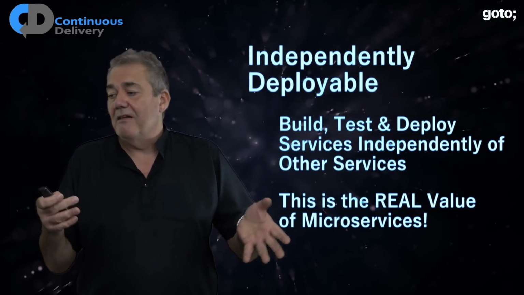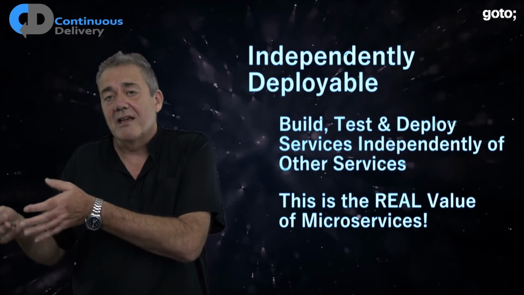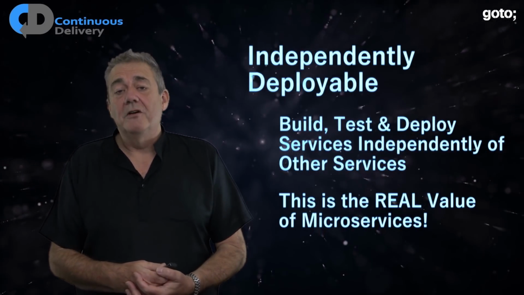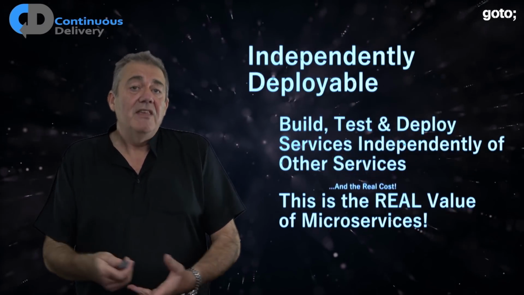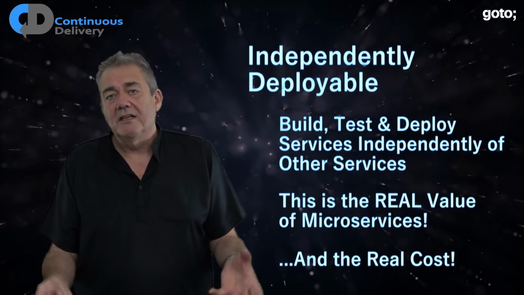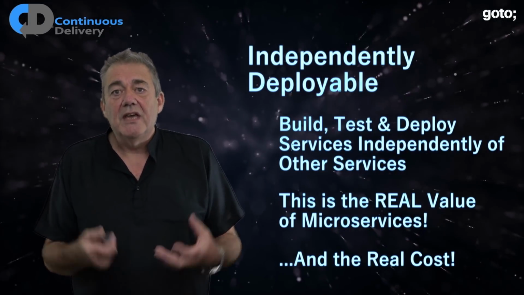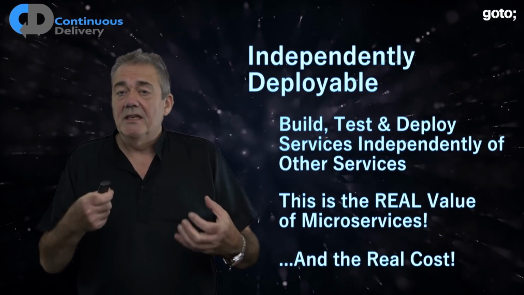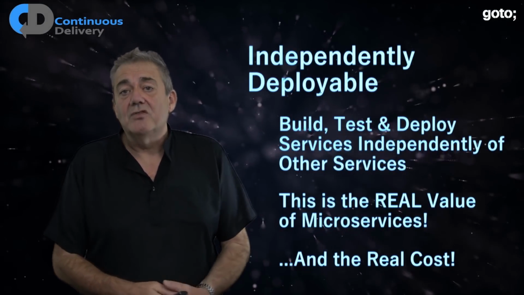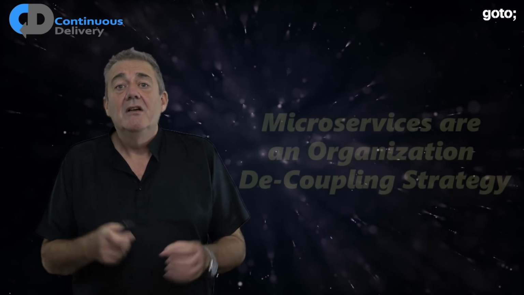It's the thing that differentiates organizations like Amazon from more conventionally organized firms. And this is also the real cost, because if you want to be able to independently deploy these services, then you've got to take the ability to maintain that independence really very seriously.